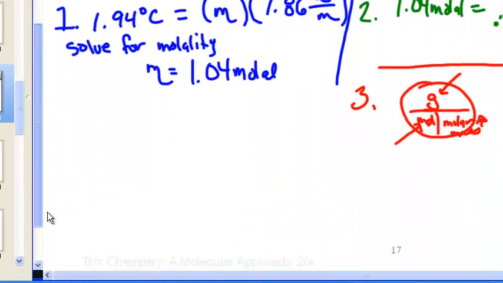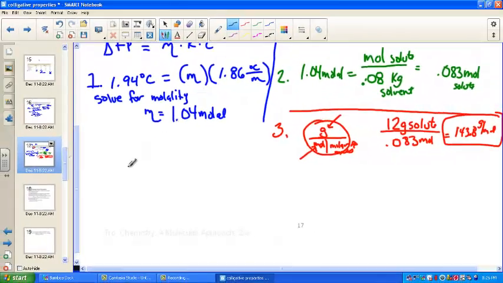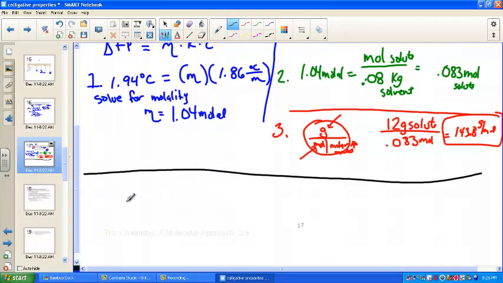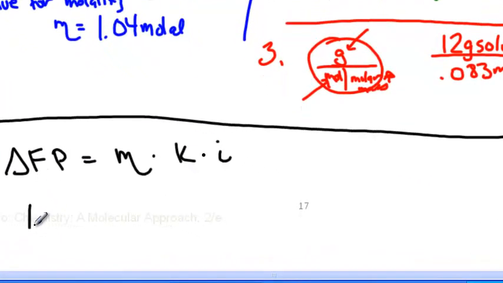Now, some of us, if you're like me, can see this all in kind of one step. I'm just showing you; it's just a preference. There isn't a right or a wrong way. Looking at this, the change in freezing point is molality times K times the Van't Hoff factor. Van't Hoff was 1 because it's a non-electrolyte, but I still like to write it. We determined the freezing point change to be 1.94. Now, all in this one parenthesis, I can define my molality.